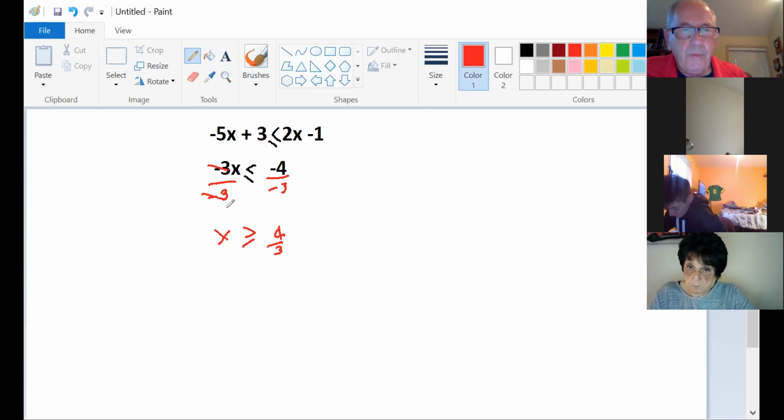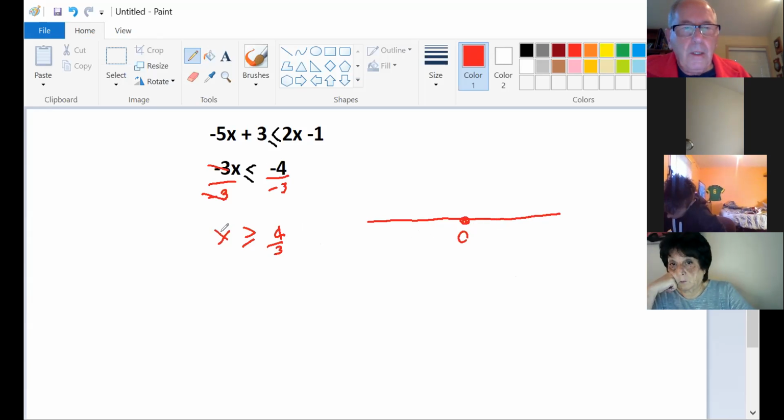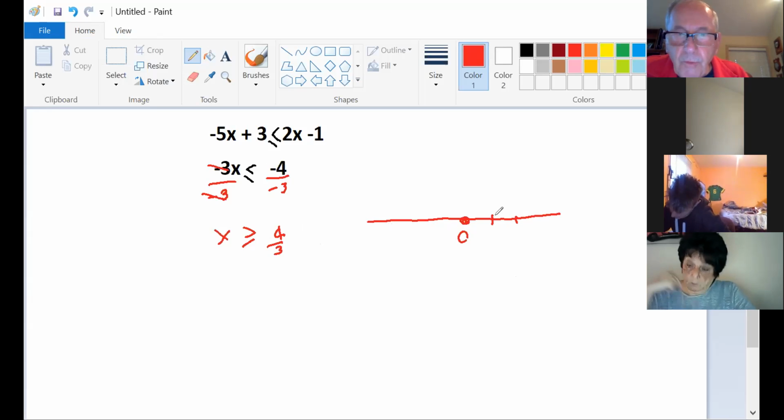That's what you have to do if you multiply or divide by a negative. And I know I went over this very briefly last time, so that's why I'm taking a little time to do this. This is 0, greater or equal to 4/3, so that's 1 1/3. So if this is 1 and this is 2, the 1 1/3 is right here. So you do it like this, greater or equal.